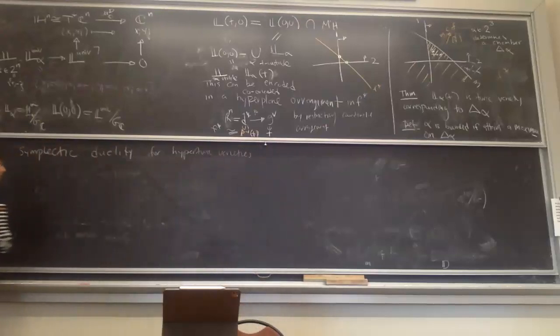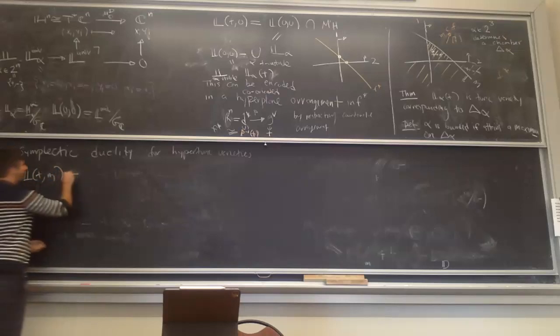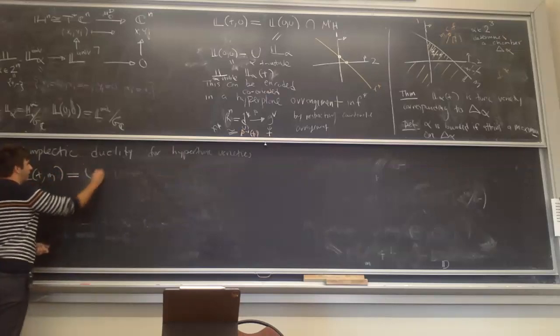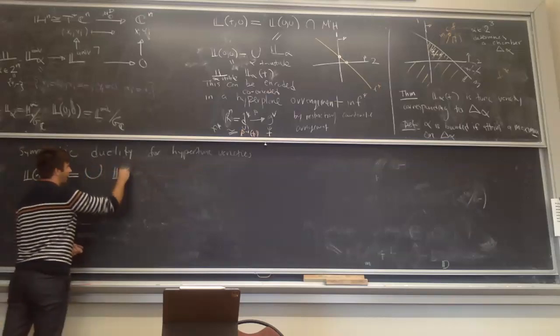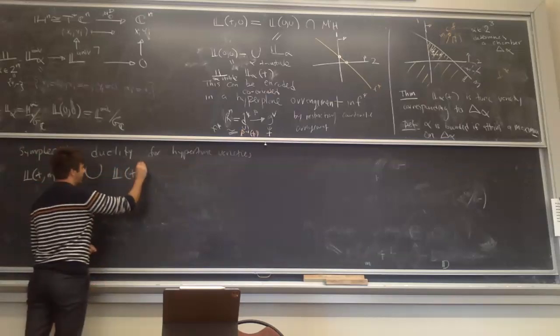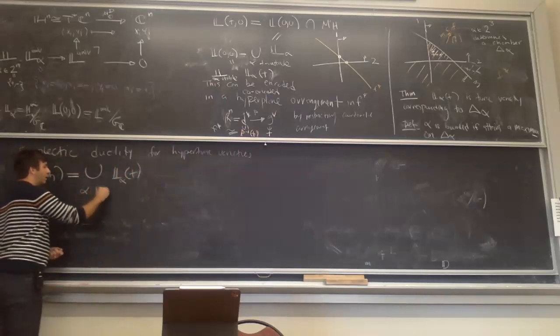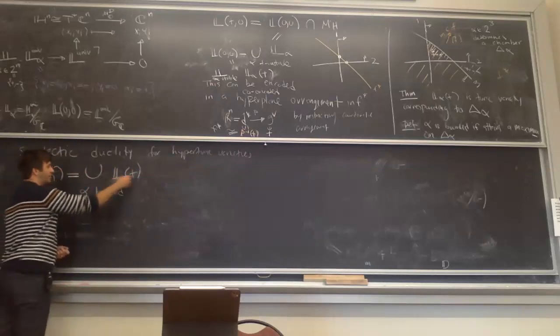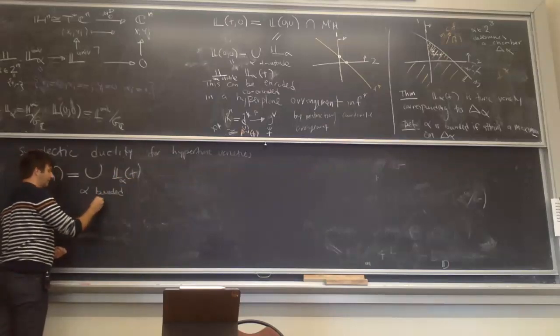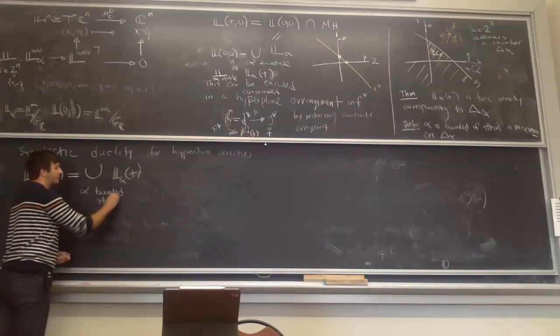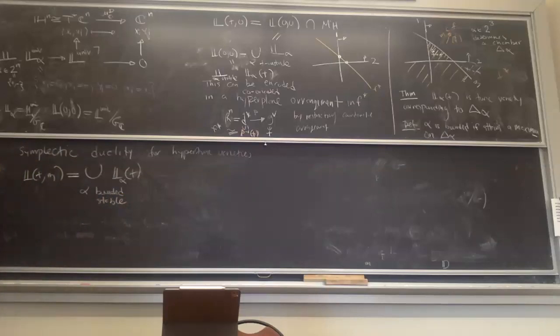All right, so let me define my skeleton L_T^m to be the union of the L_T^alpha for alpha bounded. And of course, if this thing is non-zero, in fact, this thing will be stable, so I might as well just restrict to the stable ones.